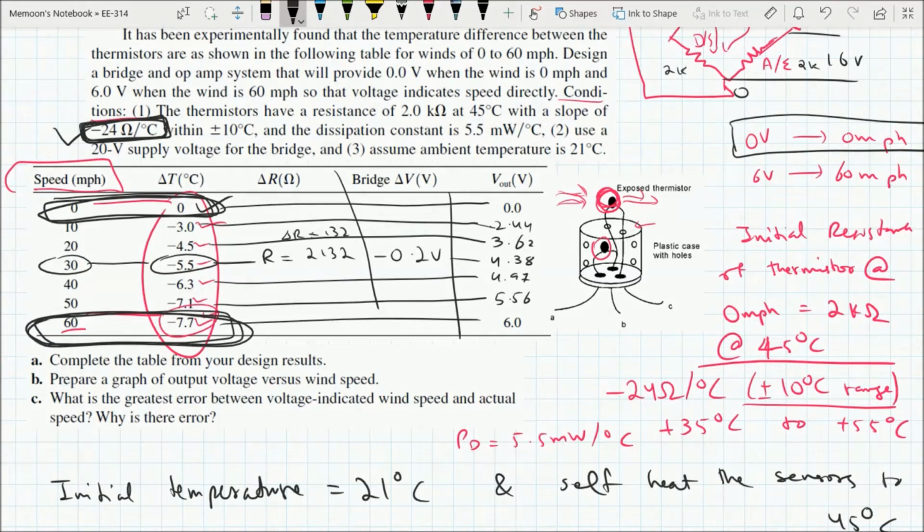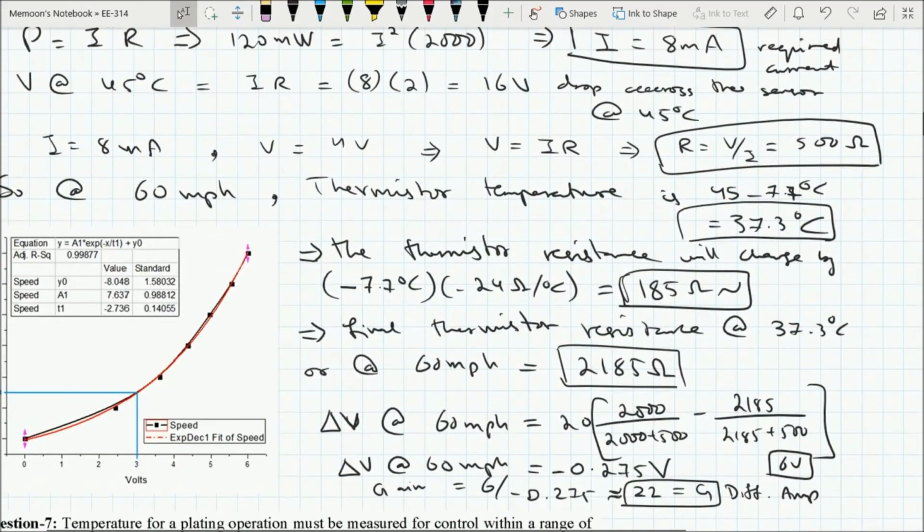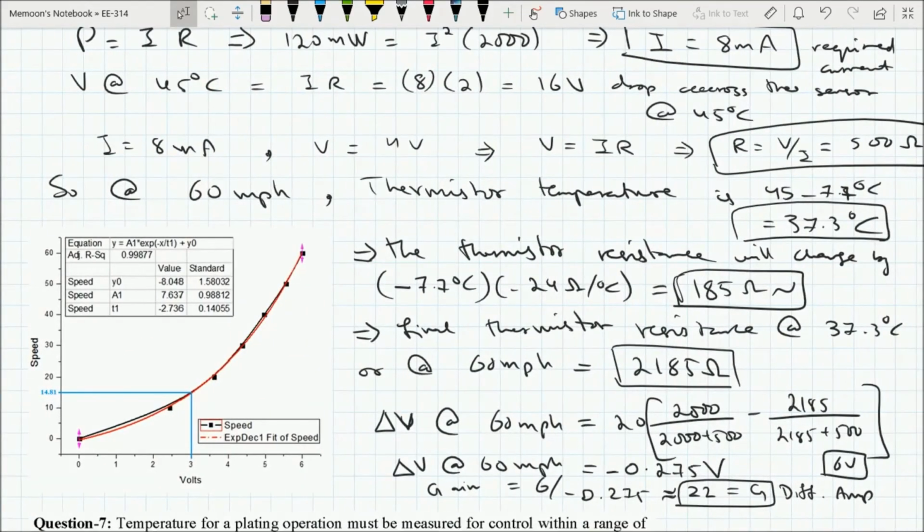So if we plot these, we are getting a non-linear relationship like this. So this is the output voltage versus speed. For 60 mph, we are getting 6 volts exactly, and for 0 mph, we are getting 0. But for 10, we are getting approximately 2.4.